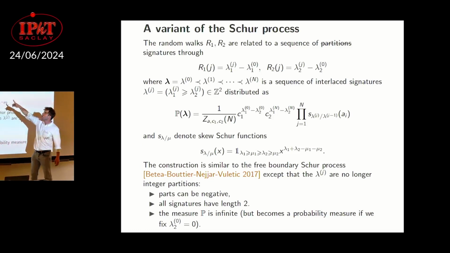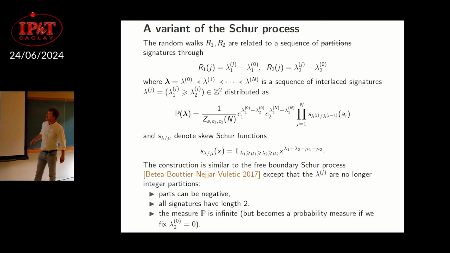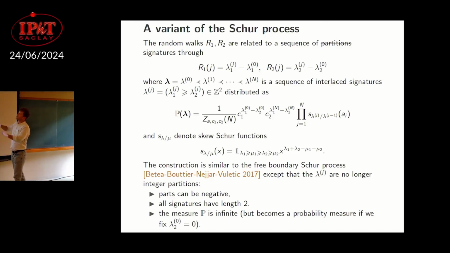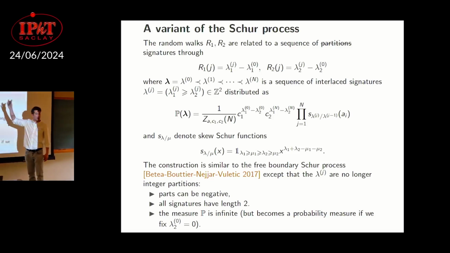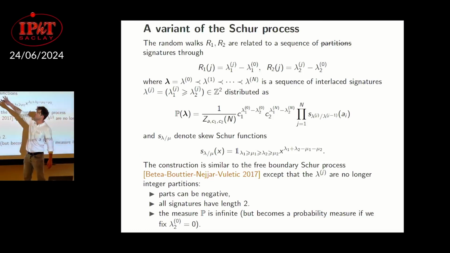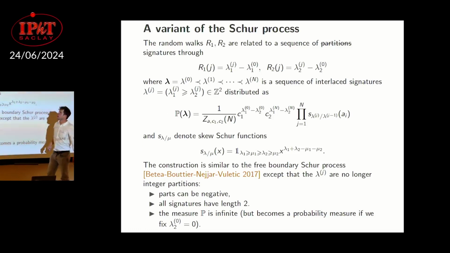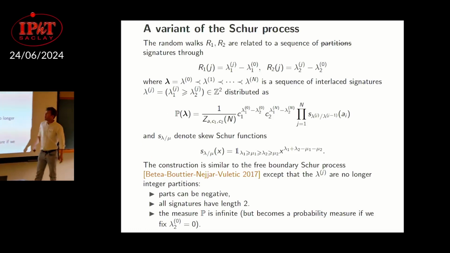And R1 and R2 just correspond to increments: R1 is lambda 1j minus lambda 10, and R2 is lambda 2j minus lambda 20. And then we put a probability distribution on these lambda j. So here, the lambda j's are just signatures with two ordered coordinates that are in Z. They can be negative. So these are not partitions.